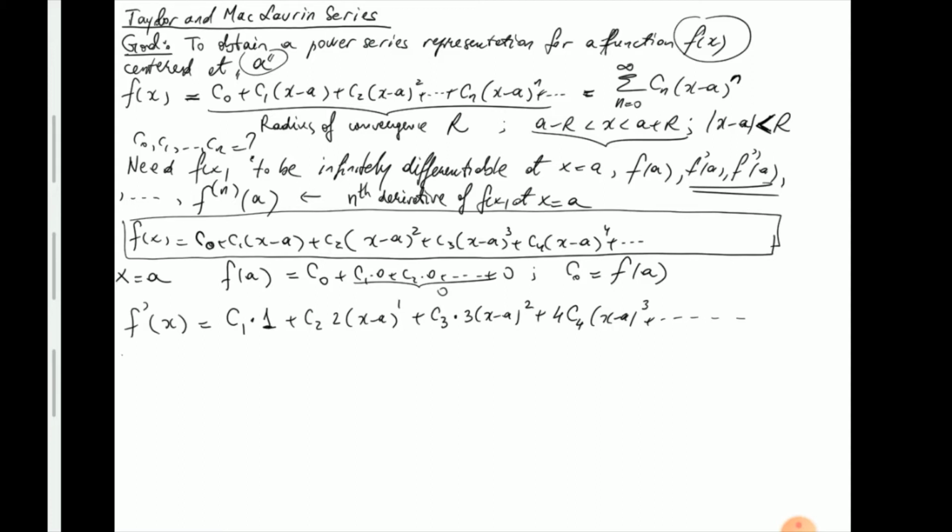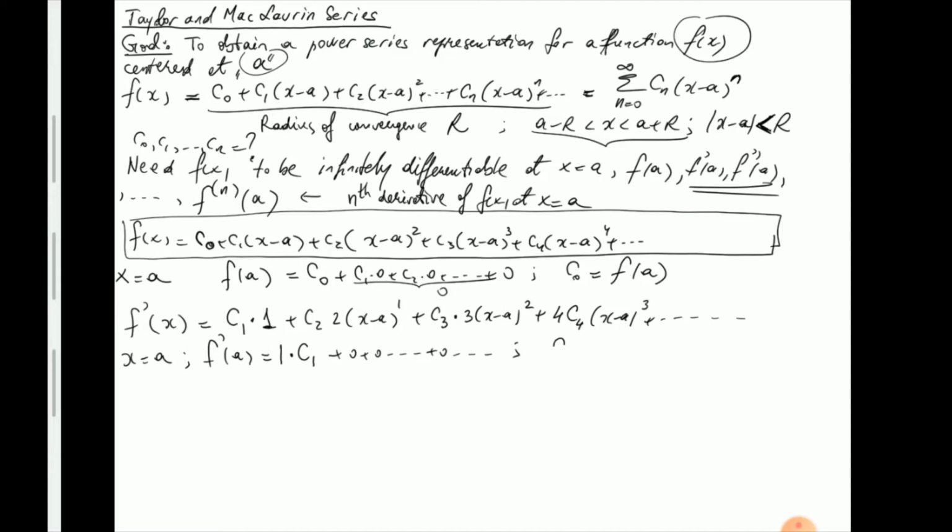Now when we make the substitution into the derivative, we get that f prime of a, and again for purposes of seeing the pattern later, I'm going to write the constant 1 in front of c1. So it's going to be 1 times c1. And then the rest of the terms are 0. So plus 0, and so on.